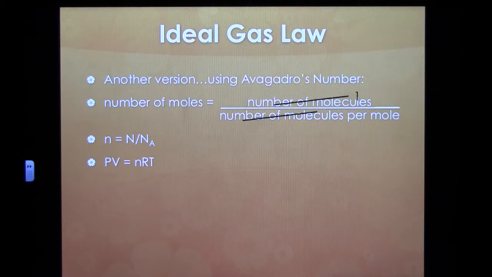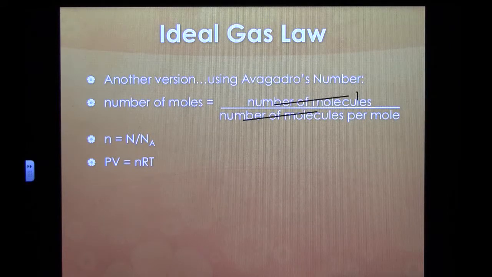But recall, from the ideal gas law, PV equals nRT, n being lowercase n, the number of moles. We can take the equation for number of moles and plug it into the ideal gas law formula. So we get PV equals number of molecules over Avogadro's number, that whole quantity times R times T. But note that R is a constant, and Avogadro's number is a constant.